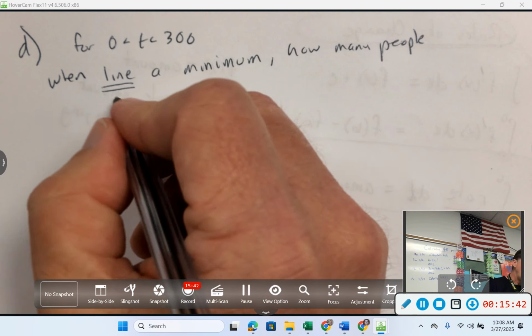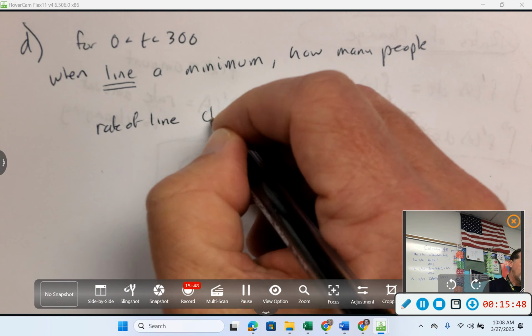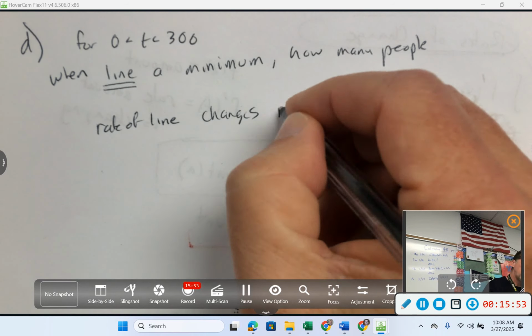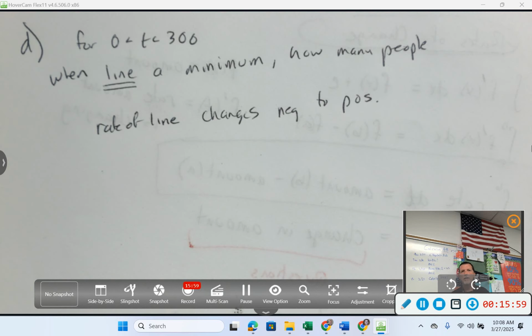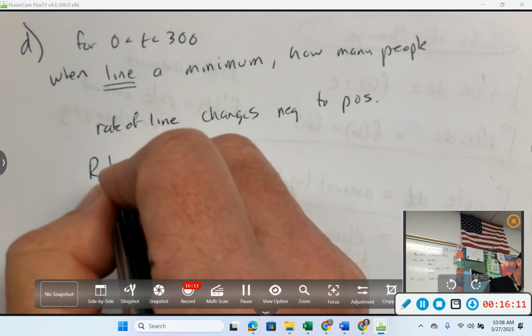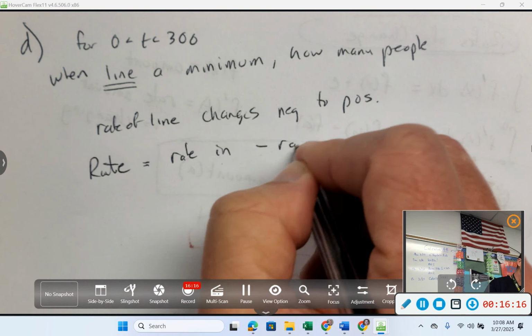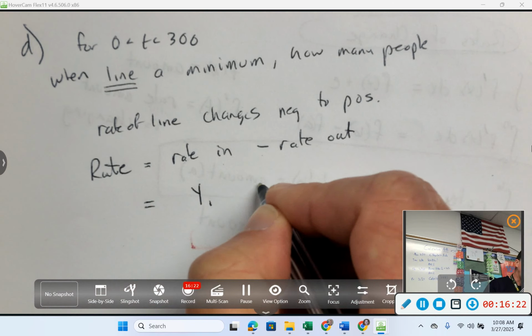So the line is a minimum when the rate of the line, or the derivative of the line, changes from negative to positive. That's always true. A quantity is at a minimum when its derivative changes from negative to positive. So the rate is the rate in minus the rate out. Rate in is what we put in for y1.